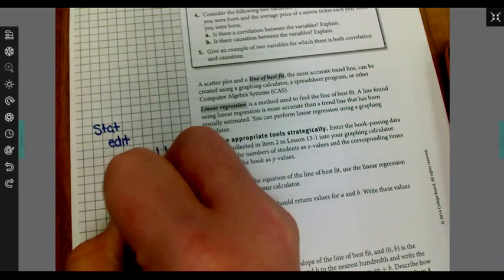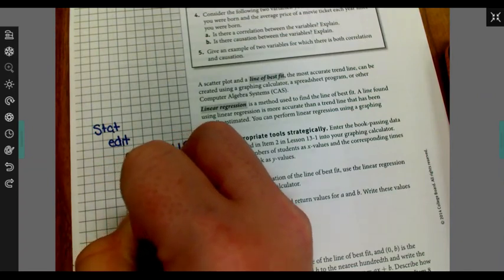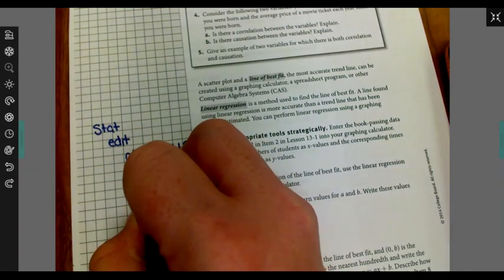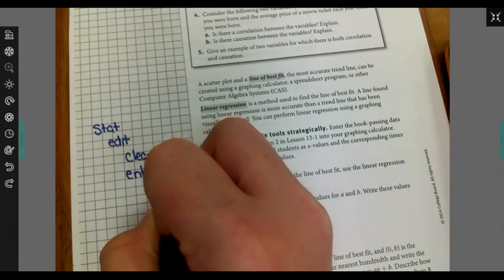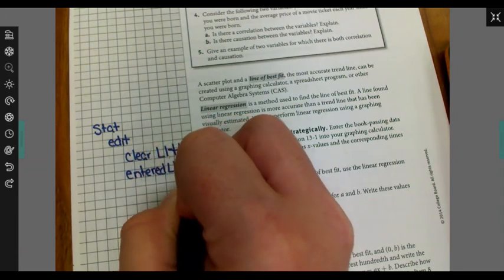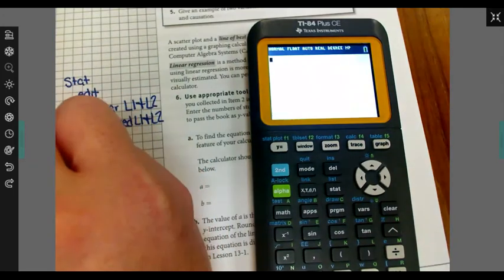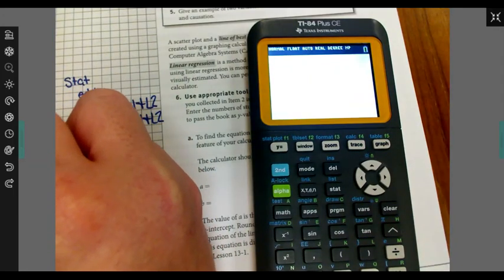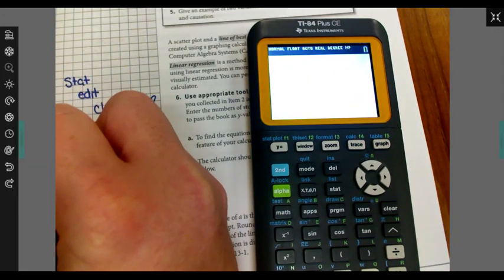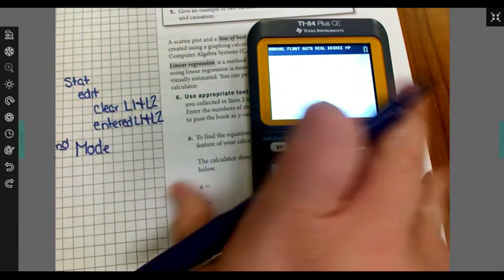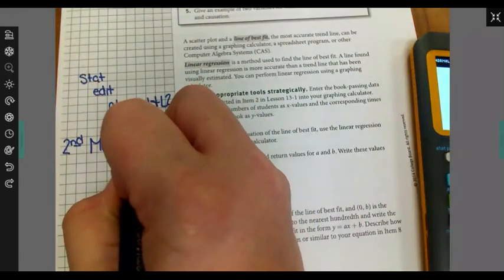Then we entered L1 and L2 data. Now we're on to a next step. I remember I did press second mode, and this got me back to the main screen.